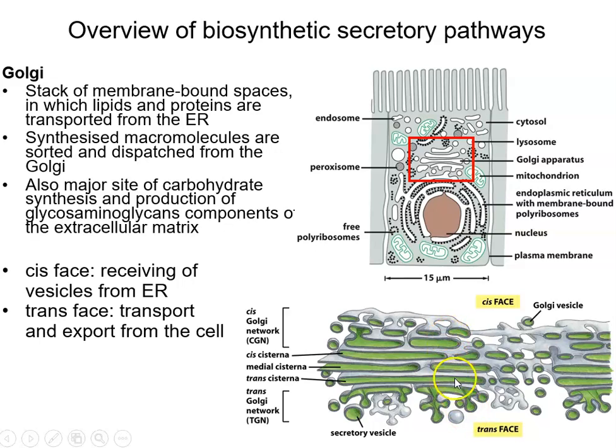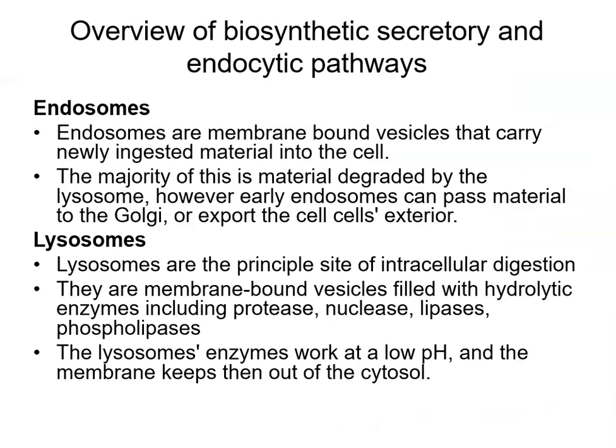As they go through the Golgi stack, they can undergo post-translational modifications, so crucial changes that alter their activity and function, and these are often added as they pass through different parts of the Golgi stack. From the trans face of the Golgi, those vesicles can be released, and they can then go and fuse with endosomes.